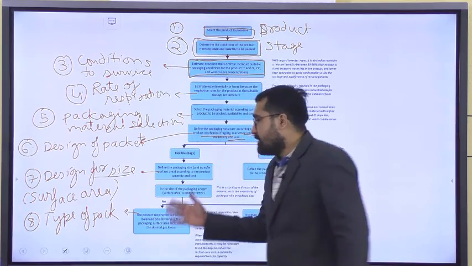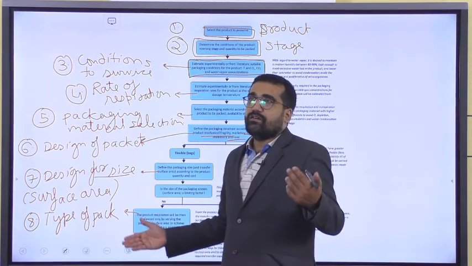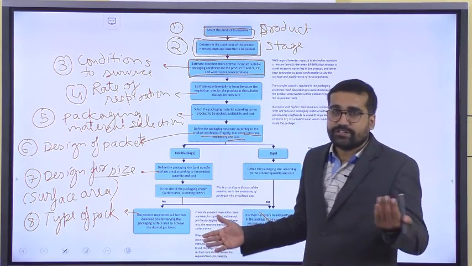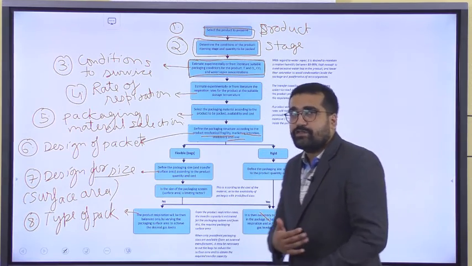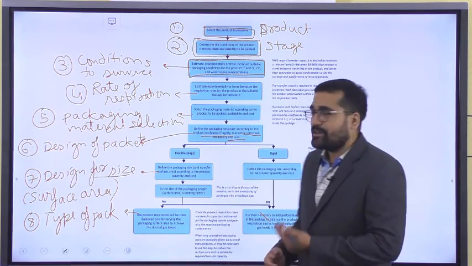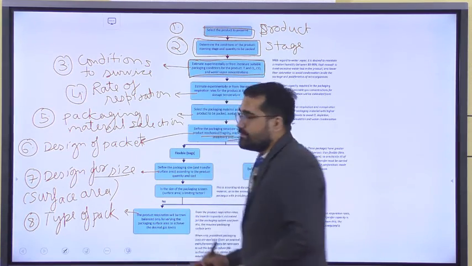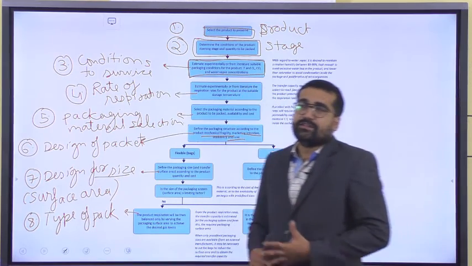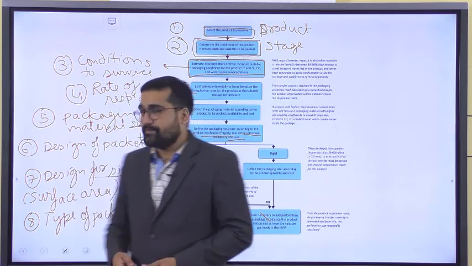If no, then do we have to add any scavengers, such as an ethylene scavenger or CO2 generation? If yes, then we have to decide the quantity of that. These are the things we have to decide in the type of packaging for the product. So these are the points whenever we are designing the MAP, or modified atmospheric packaging, of any product.